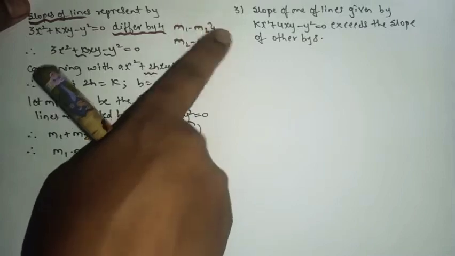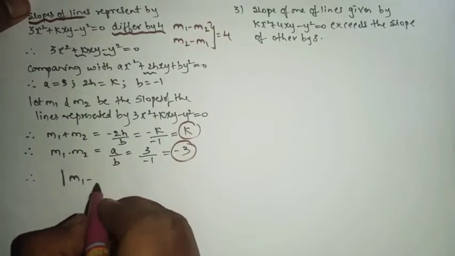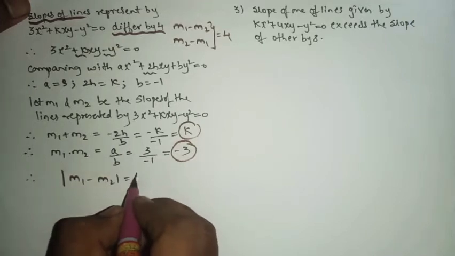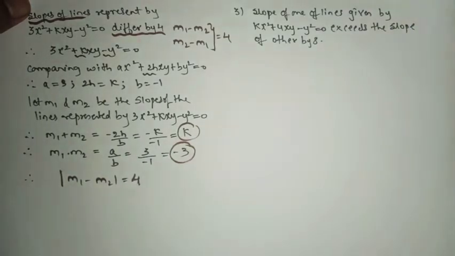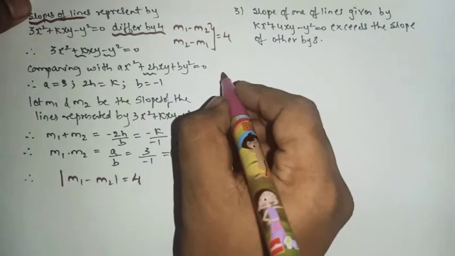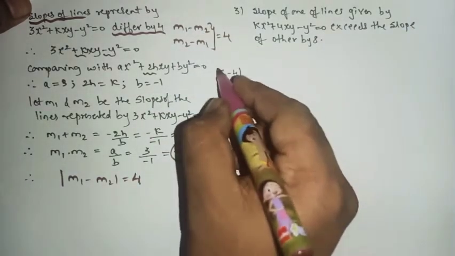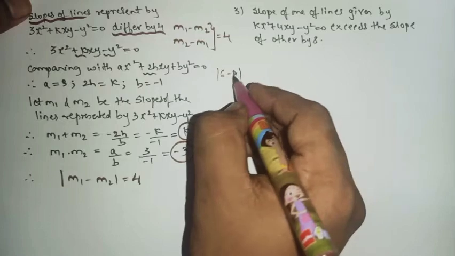Can I represent this as mod of m1 - m2 equals 4? Yes or no? Suppose the value of m1 is 6 and m2 is 2.